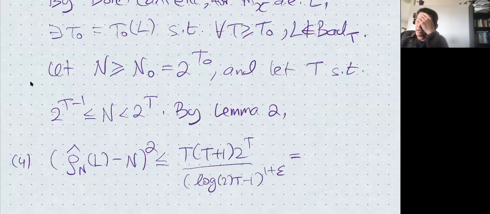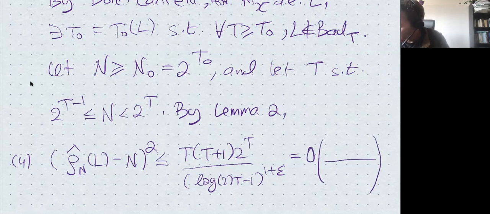So it gives you that when L is not in the bad set, then it satisfies this bound. But the left hand side is in terms of n, the right hand side is in terms of t. So now I'd like to rewrite this in terms of n, and what this gives is the following thing.